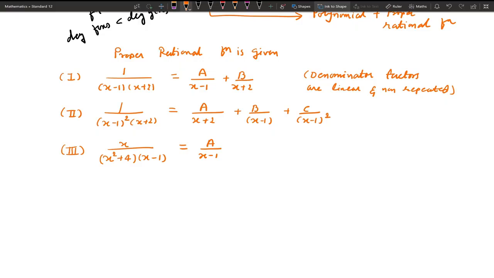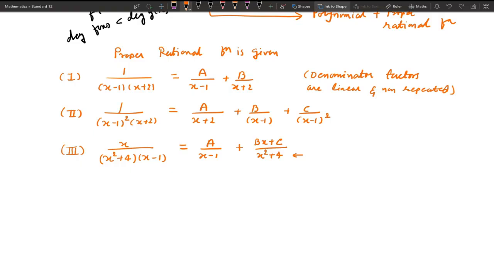While x square plus 4 is quadratic and irreducible, that cannot be factorized. Suppose x square minus 4 is there, then we can factorize it as x minus 2 times x plus 2. But for a quadratic irreducible factor in denominator, in numerator we write an expression of the form bx plus c, where a, b, c are constants to be determined. So these three are the main formulas in partial fraction.